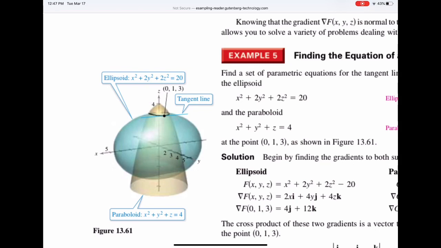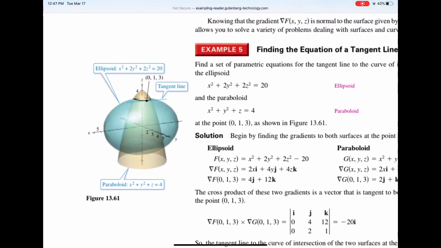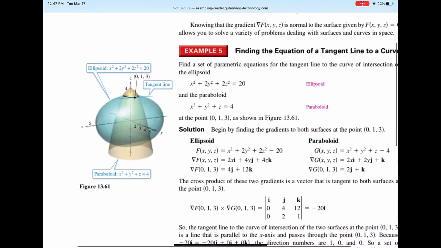I remind you about a problem we did when we studied vector functions. When we studied vector functions, we know that vector functions are very good to describe curves, right? And we know how to find the tangent line to a curve with the vector functions. And now they don't give us vector functions, right?